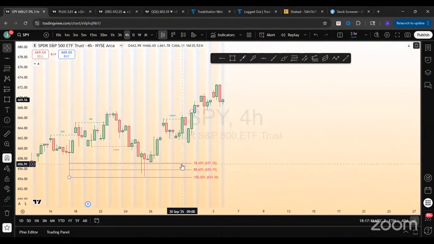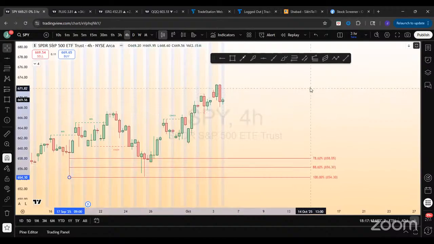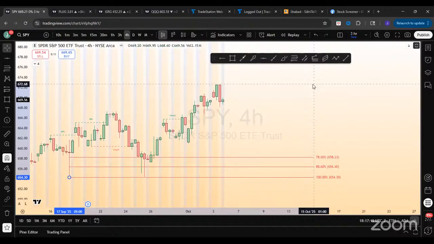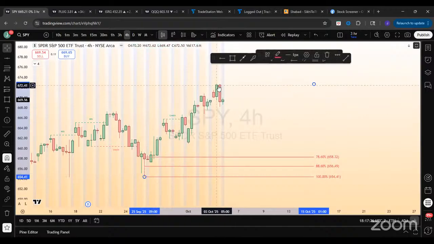So right now I can draw Fib. I'm not saying that it's going to go down or anything, I'm just showing, from my swing low to swing high here. Let's just say if it drops, then I know where to enter.